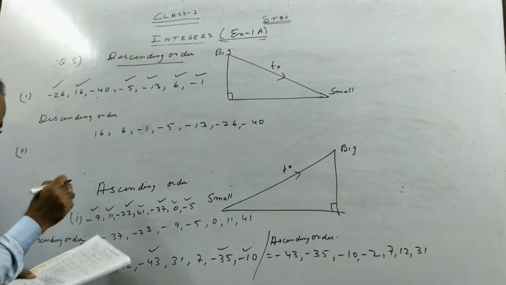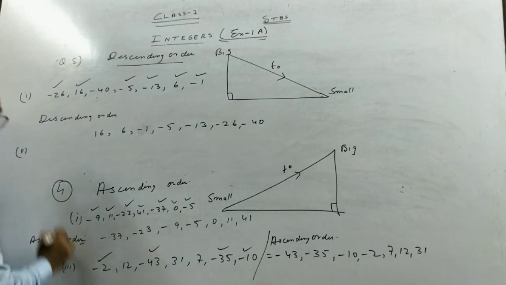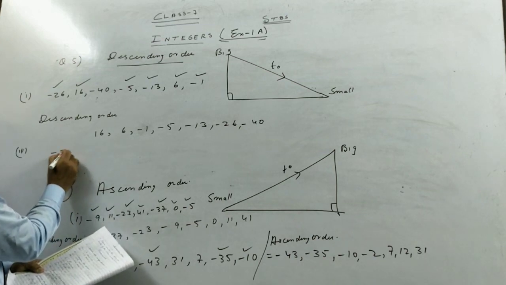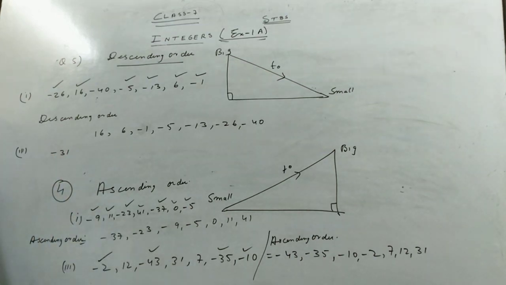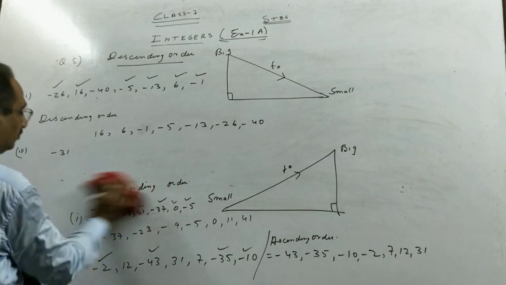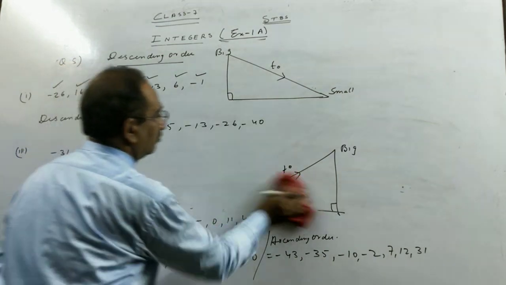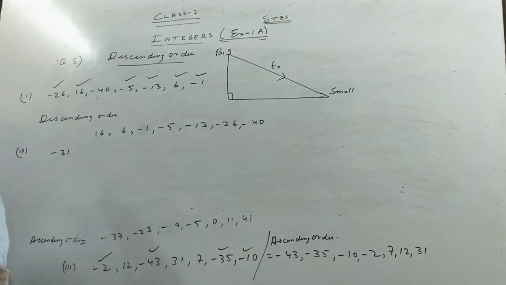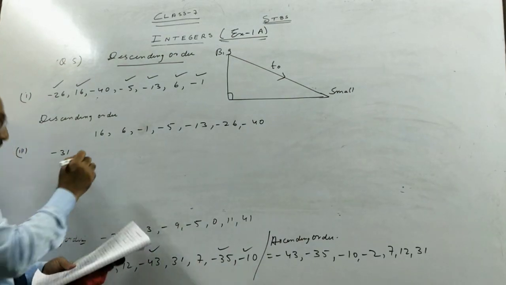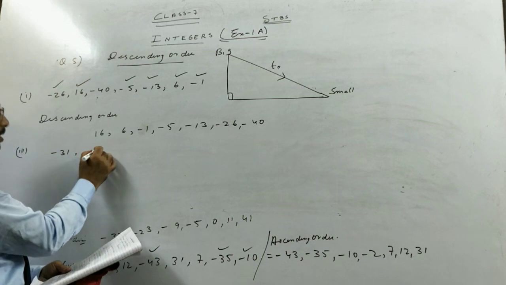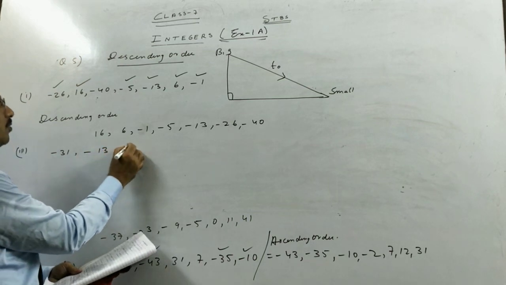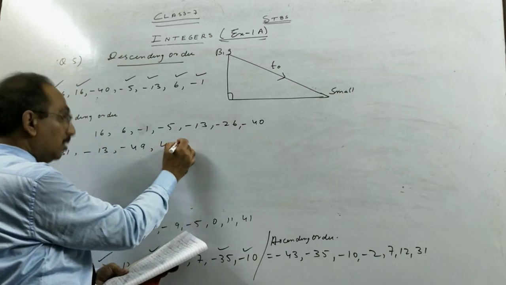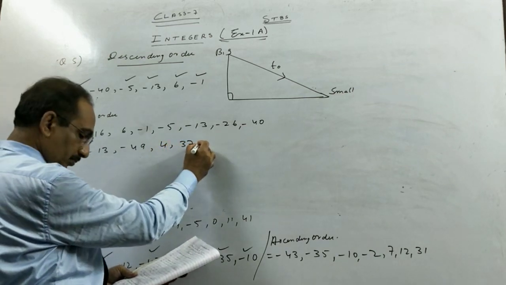The third one here is minus 31. When you write the question, boys, you have to be very clear that you don't copy anything wrong. If your question is wrong, your whole answer will go wrong.